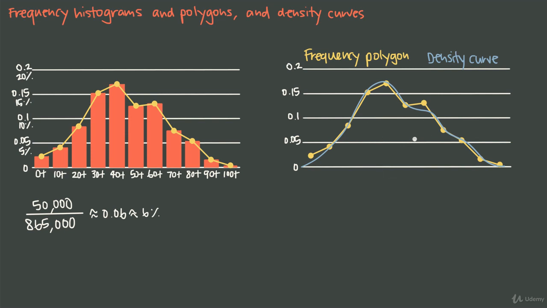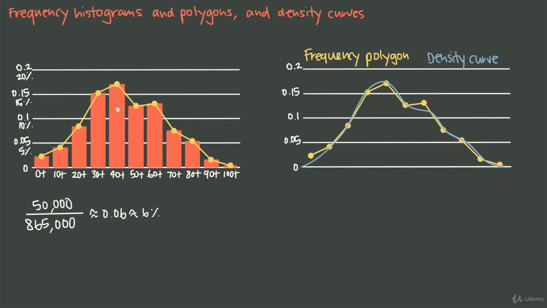So for example, if we wanted to know how many people in San Francisco are age 70 or older, right at about this cutoff right here, everybody 70 or older, we would want to look at the total area that falls under that curve. Because remember, the amount of data will always add up to 1.0 or 100%.